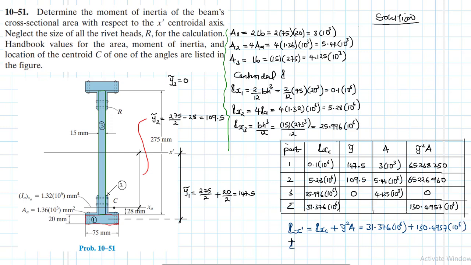Adding that, 31.376 plus 130.4957, we have 161.87 times 10 to the power 6.